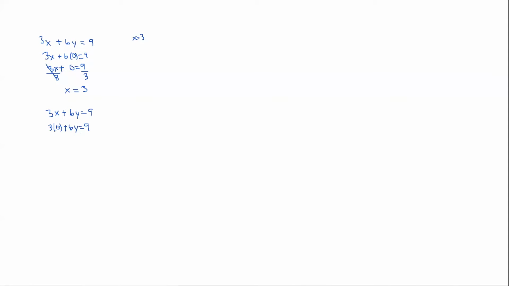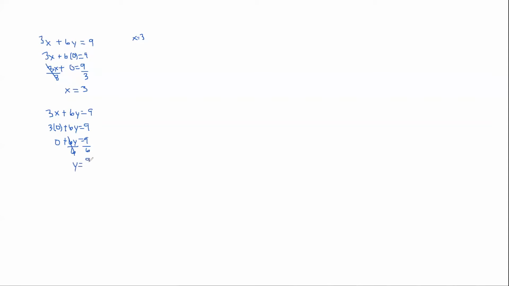So now to do that, 3 times 0 is going to be 0. Then we're going to solve for the rest of the equation. So we're going to divide by 6 right here, and then right here also. Then 6 will cancel out, leaving our y by itself.